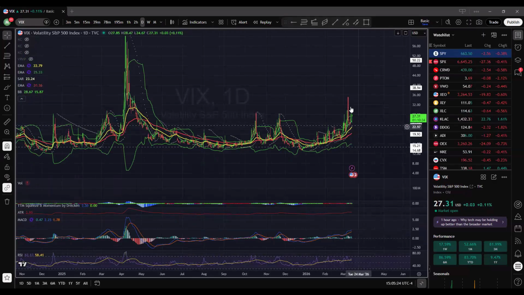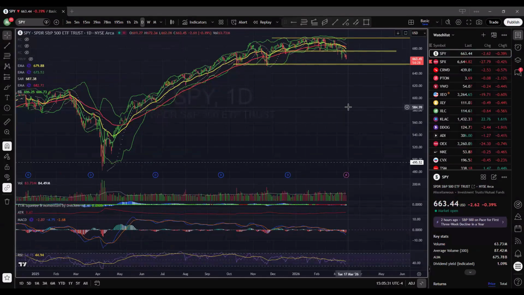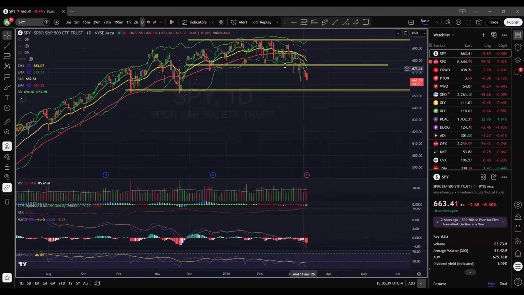But for right now, while the VIX is at 27, the market is very nervous, and chances are we are going to overshoot any kind of support and resistance level. So while we're looking at what was support potentially becoming resistance.